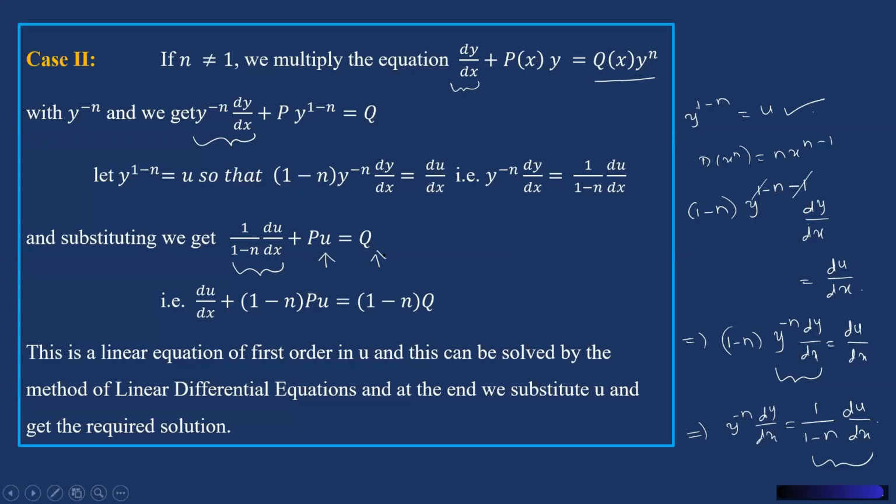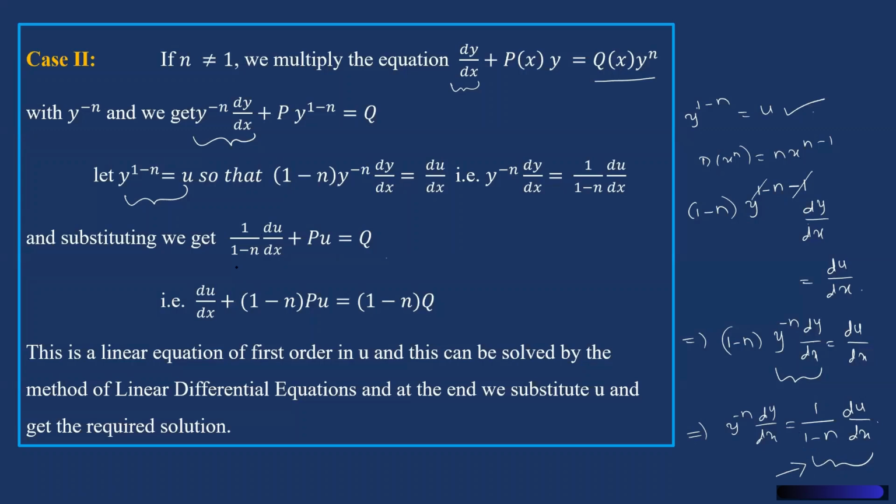Still, we didn't get the exact linear form. What is the exact linear form? We should have the coefficient of du by dx as 1. So to get exactly that 1, I'm multiplying all these terms by 1 minus n. See what we did? We considered one substitution, and thereby y to the power of minus n into dy by dx can be written as 1 by 1 minus n into du by dx.